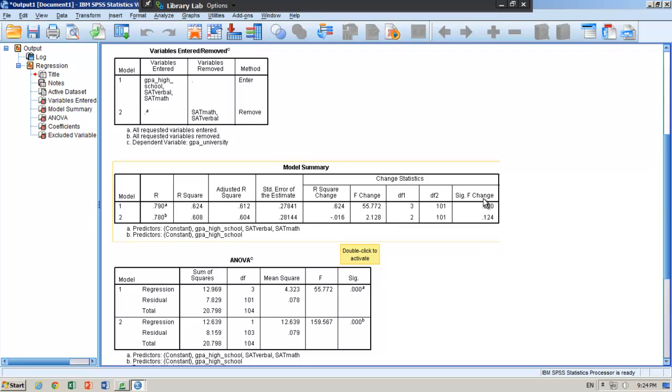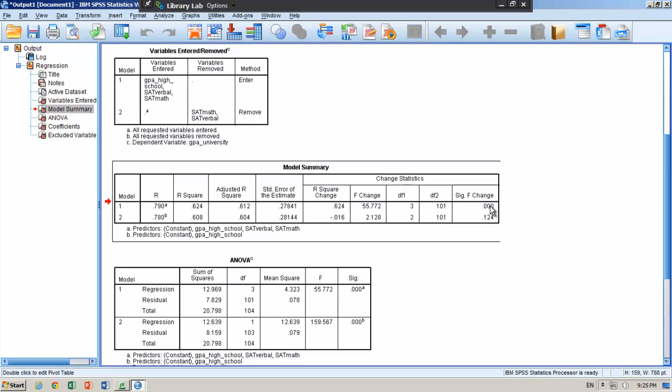And yes, under most alphas, that would be considered significant. The probability that that change is actually 0, or comes from a distribution whose value is actually 0, is quite small, 0.000.